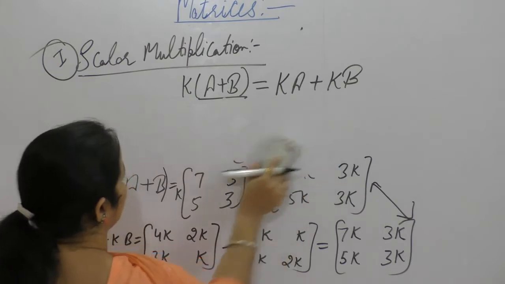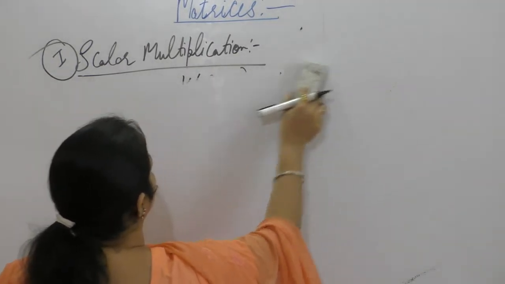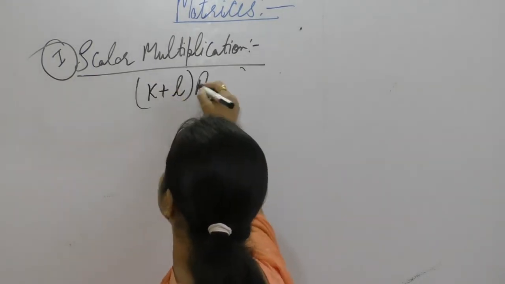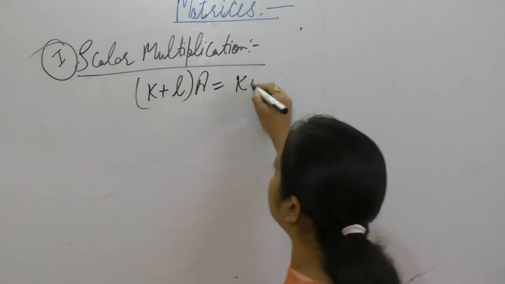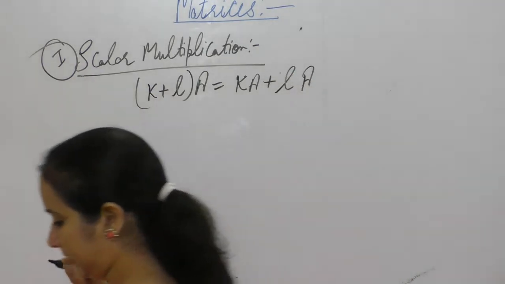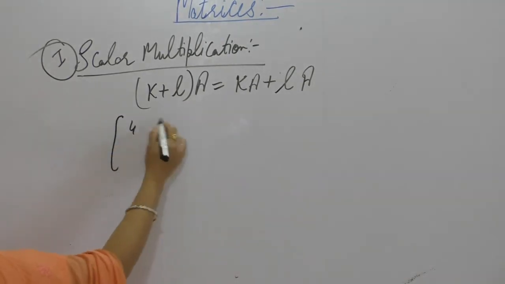Now next in scalar multiplication, if there are two scalars, say K and L, and we multiply their sum by matrix A, that is equal to Ka plus La. Let A be [4, 1; 2, 3].